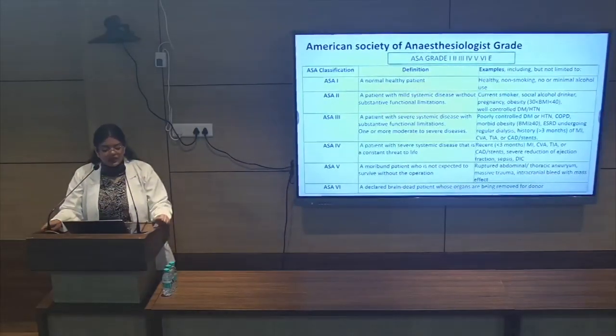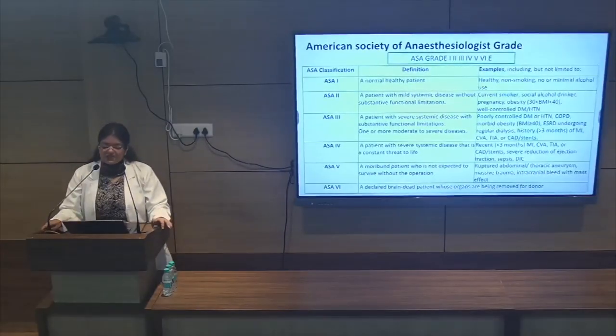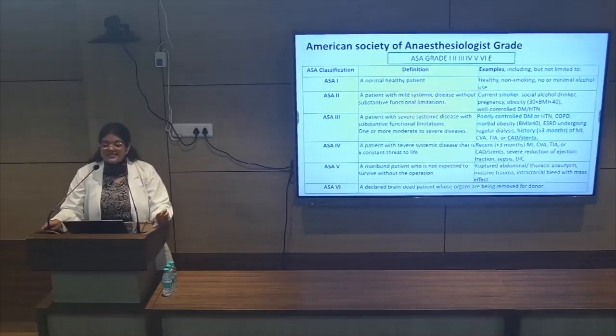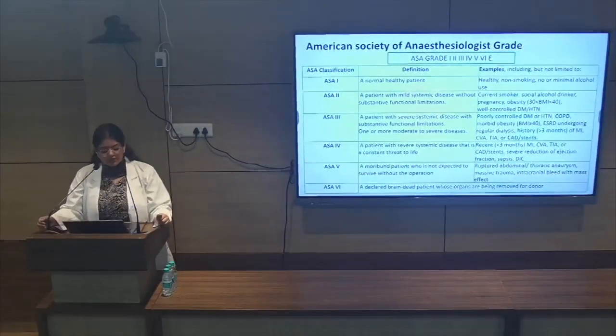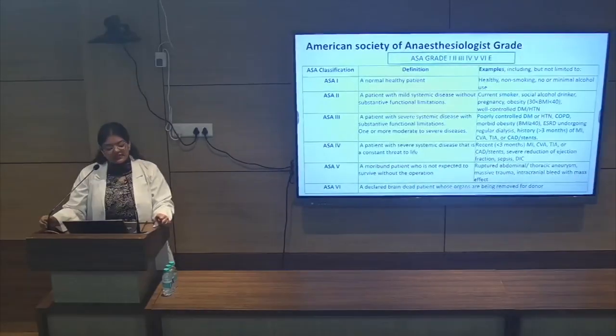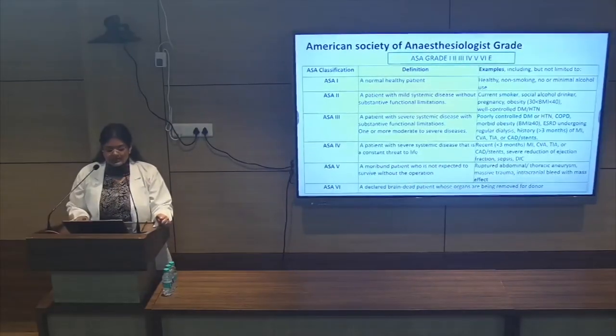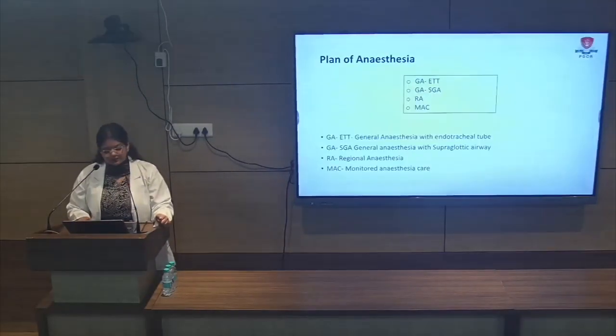ASA grade 3, a patient with severe systemic disease with substantial functional limitations. Grade 4, a patient with severe systemic disease that is a constant threat to life. Grade 5, a moribund patient who is not expected to survive without the operation. And grade 6, a declared brain dead patient whose organs are being removed for donation.